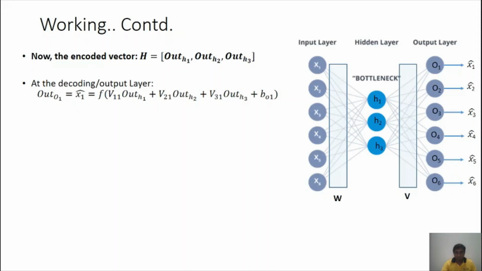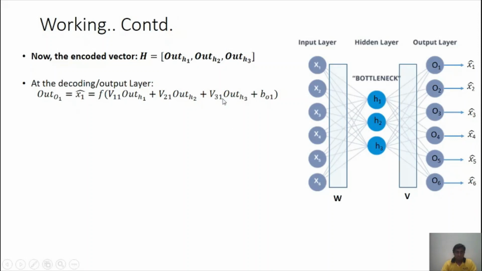So once the compressed representation is available, as the reconstruction part, we go back and we try to recreate whatever was input. So you can see here the output of output neuron 1 is the reconstructed version of x1 input, which is basically same as v11.